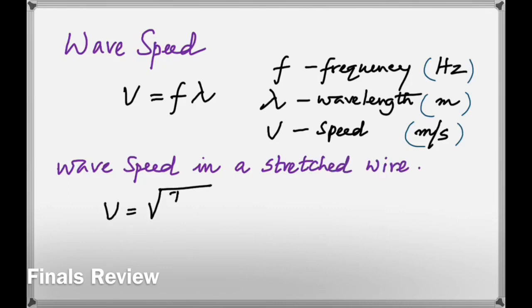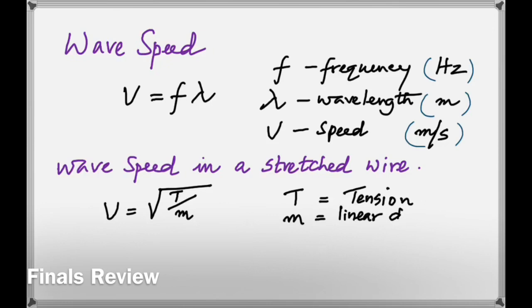And then wave speed in a stretched wire is root. Please use FT here, can you? FT, please use FT instead of T there, because otherwise you get confused with period. Again, I'm telling you, that's the tension, right? So use FT. And although you think I've not given you this equation, I have. You will see it soon. FT is the tension.